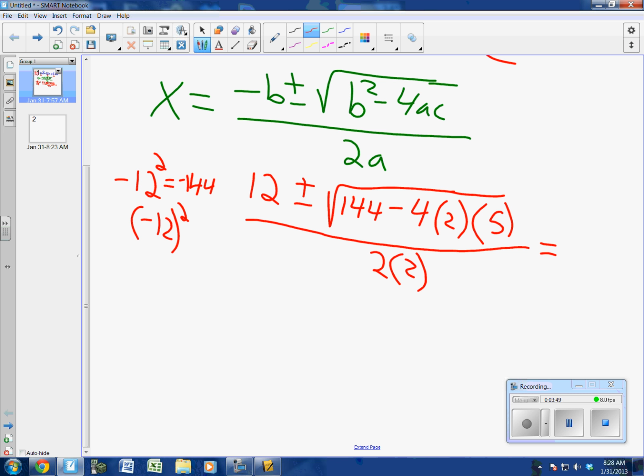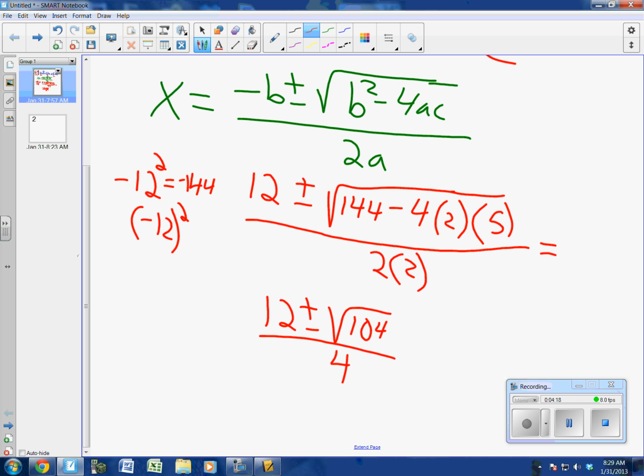I've been doing this for 22 years now, and I can tell you, even my really good students make mistakes right here sometimes, because they get mixed up with the negatives and positives and everything. Okay, so we now have 12 plus or minus the square root of 104, all divided by 4, right?